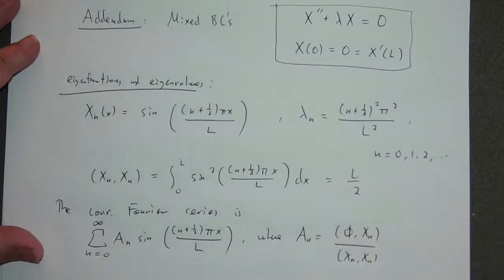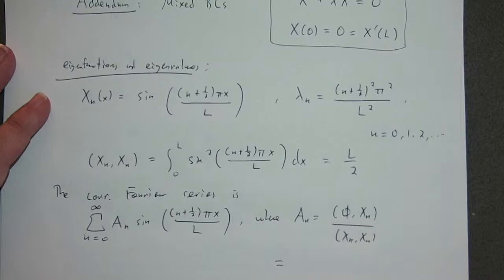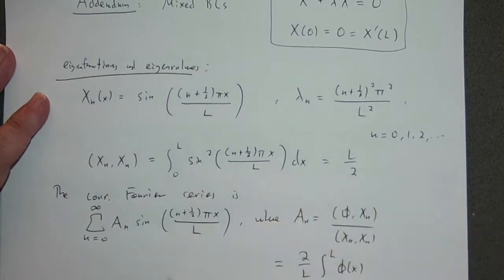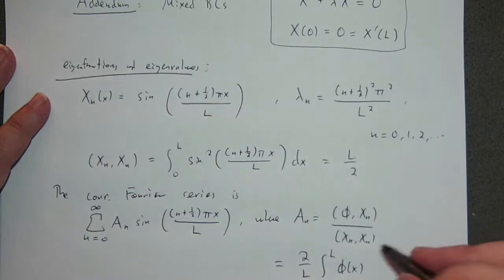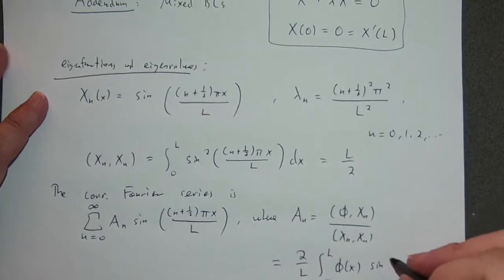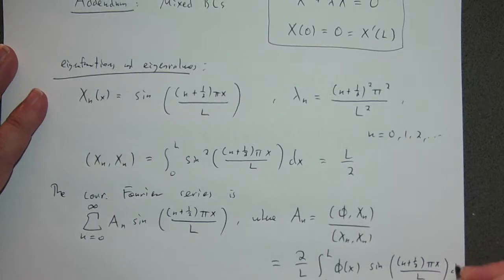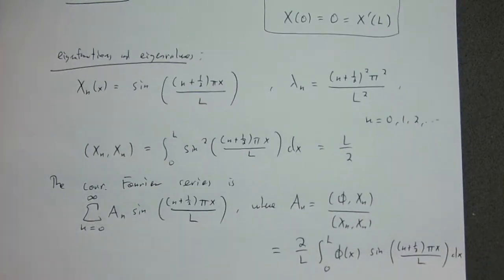These are general Fourier series coefficients. This is 2 over L times the integral from 0 to L of phi of x integrated against these eigenfunctions, so sine of (n plus 1/2) pi x over L dx.